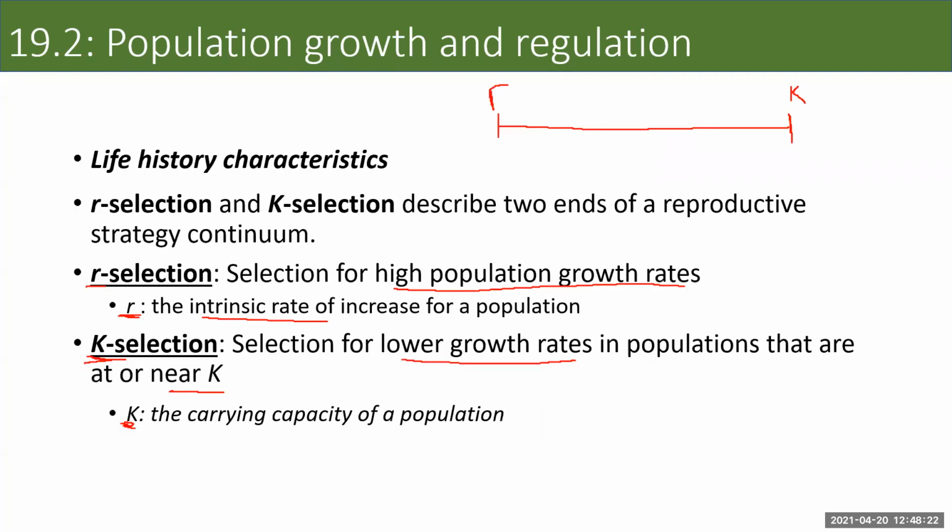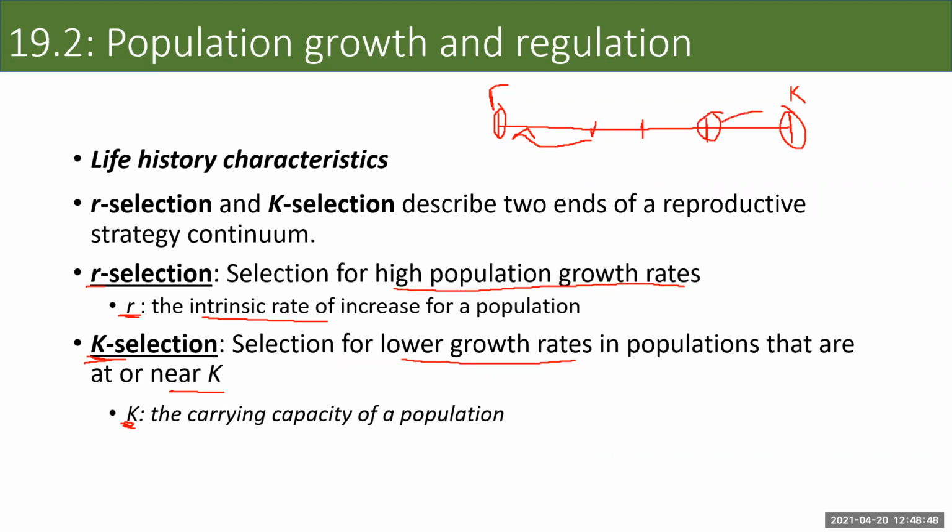And so just like I mentioned, these are the extremes of this reproductive continuum. And so not all organisms will fall as an R strategist or a K strategist, right? So they can fall anywhere along this gradient. They can be maybe more so towards an R strategist, but maybe they have 1 or 2 K strategist characteristics, or vice versa.